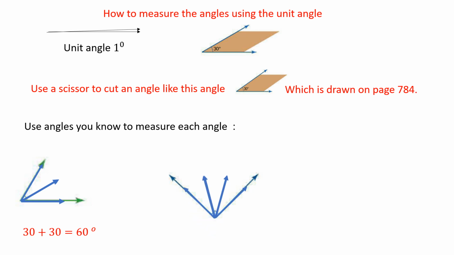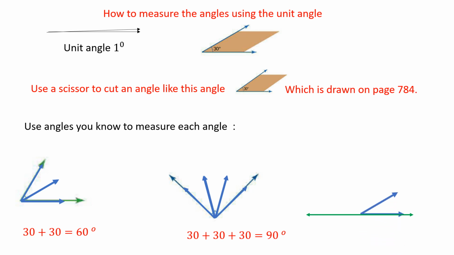Here I put the angle 3 times inside that angle, which is 30 plus 30 plus 30, which will be 90 degrees. And as I said before, any angle that forms a square corner is a right angle. And as I said in the previous video, the right angle measures 90 degrees. So 30 plus 30 plus 30 equals 90 degrees.